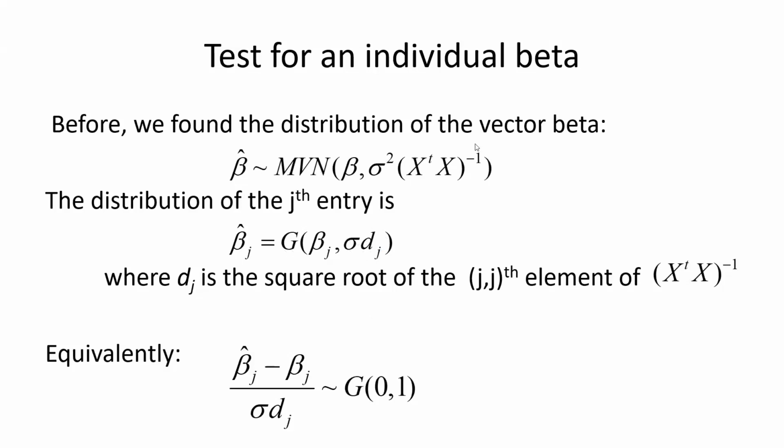Here we have the whole matrix, and here we have the square root of the diagonal element. Once we have this written as a Gaussian, we can standardize to make it Gaussian 0, 1. So I'm subtracting beta j and dividing through by the standard error, and then I have a standard normal Gaussian.